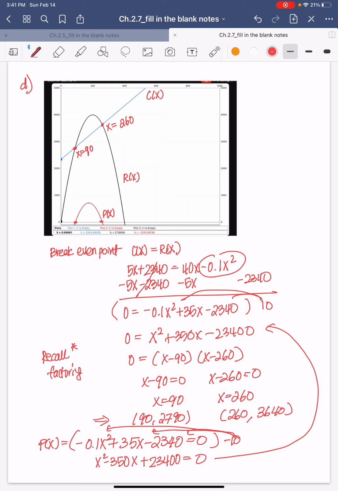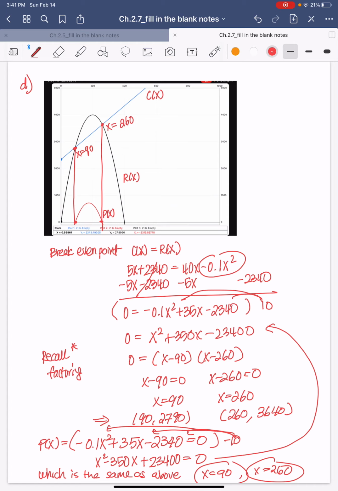So we can see that this is going to end up being exactly the same as above. So my x-intercept equals 90 and also 260. And you can see graphically they do line up here. So that matches up. All right, that's it for 2.7, and then I will see you in the next video.